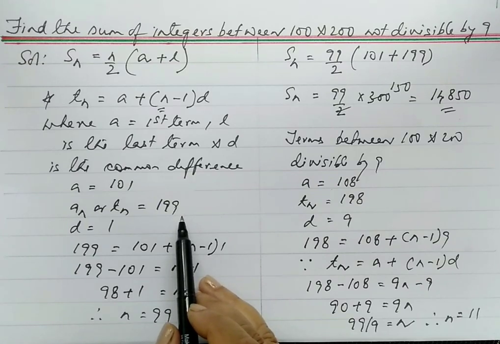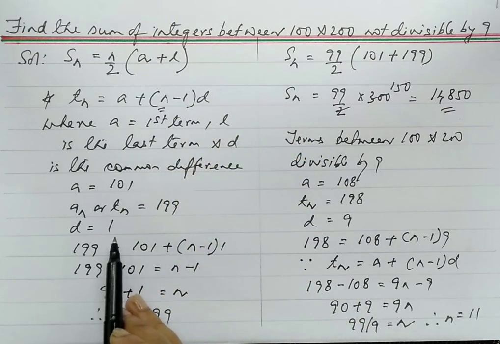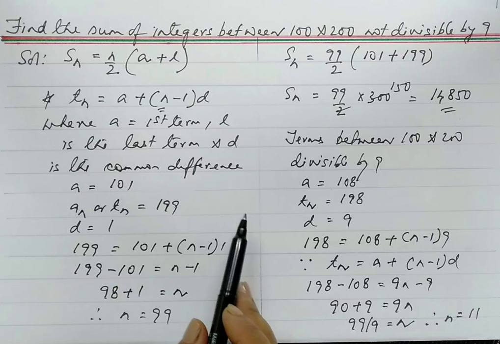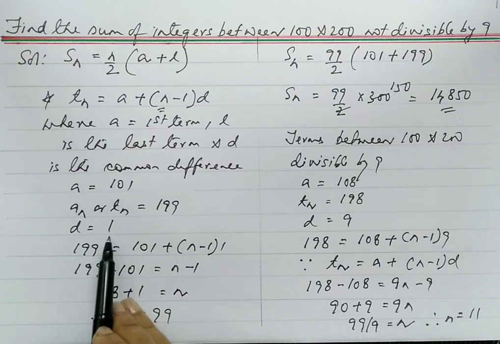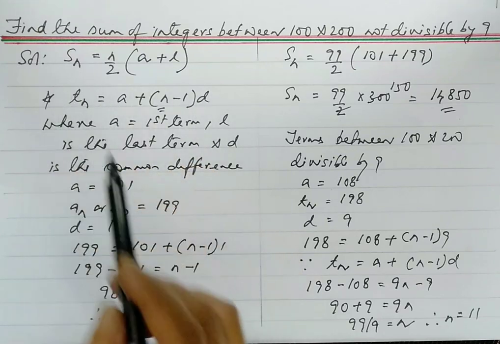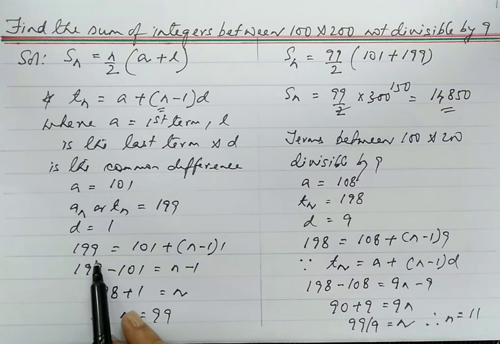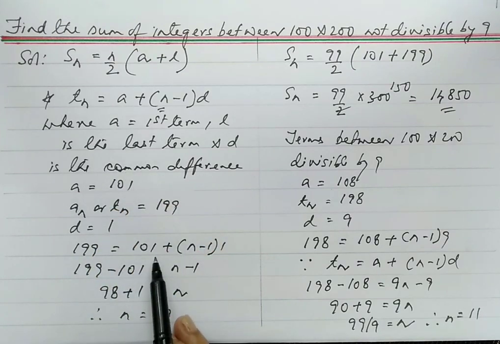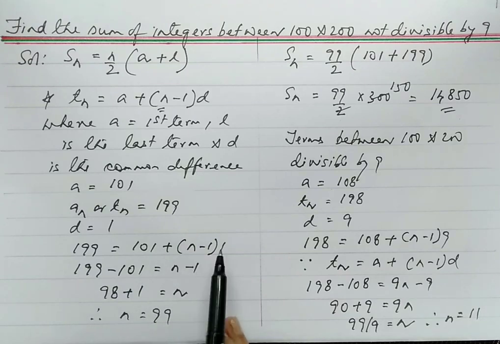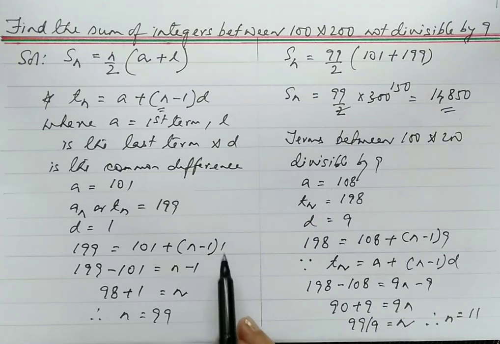And the difference, obviously because we're talking about integers, the jump from one integer to the next, the common difference, is always 1. Correct? Now this is laid out with values. The nth term is 199, A is 101, n we are out to find, and the common difference D, I have written it here, is 1.